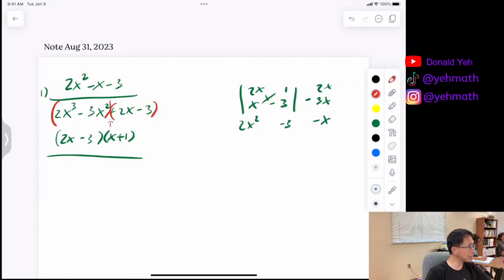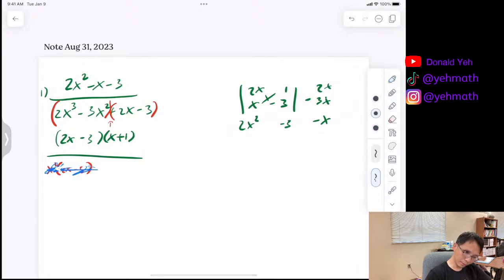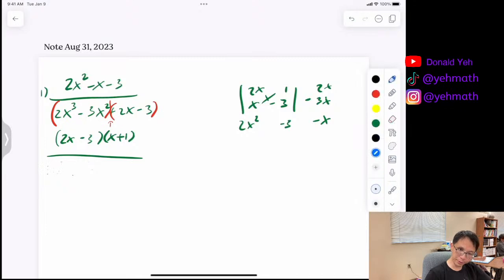What can you factor out of the first 2 terms? X squared. So that's going to give you 2x minus 3. Sorry, let me erase this and do that again, with a color code so you can see it.